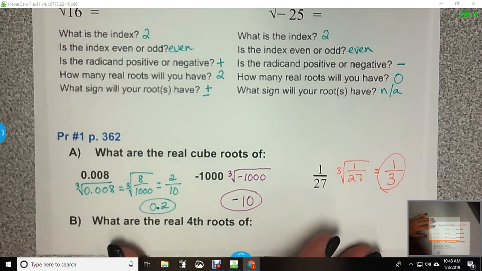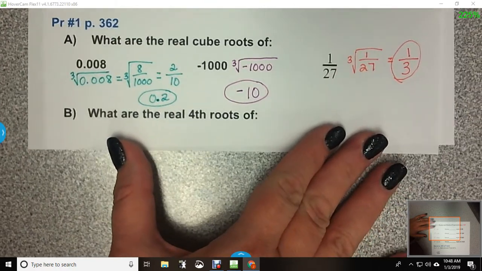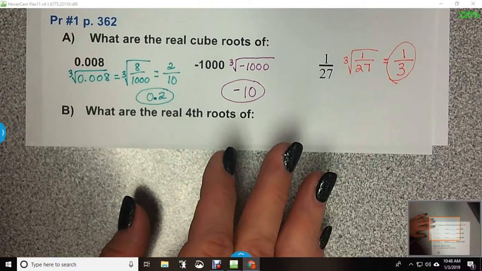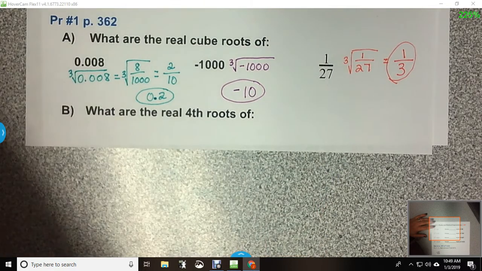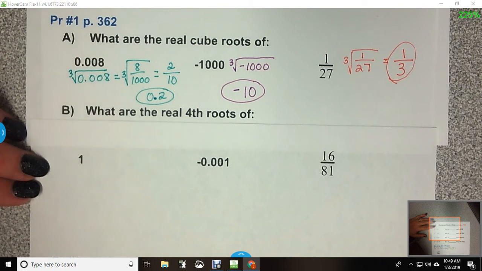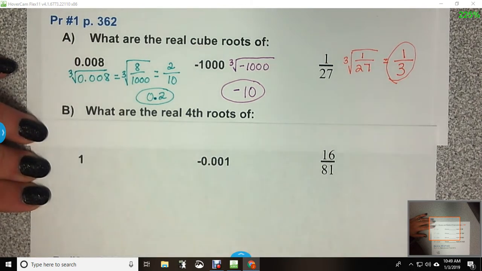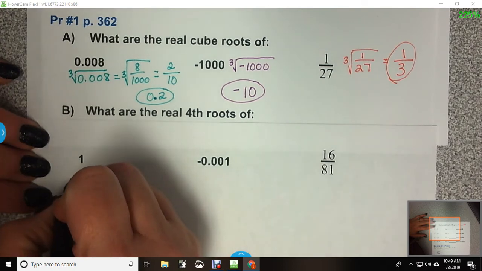All right, so then the next one asks, and my page isn't formatted quite right, so it's split onto 2 pages, but I want to know the real fourth roots of a couple of things. Okay, so when I want the fourth roots of each of these, let's write it in radical form first.